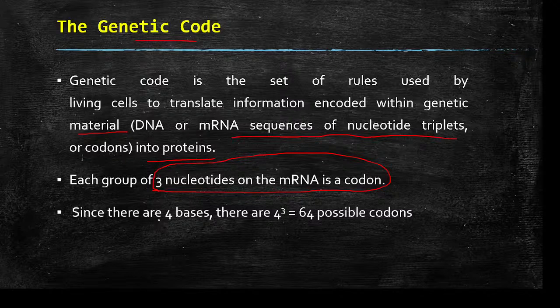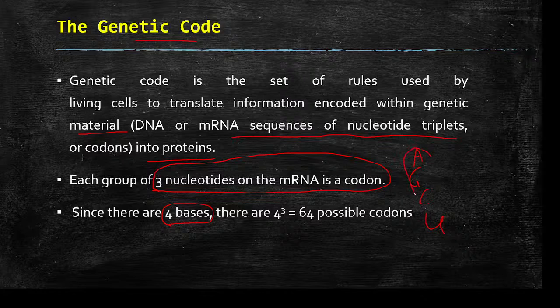There are 4 bases in mRNA, that is adenine, guanine, cytosine and uracil, A, G, C, U. Each codon is a combination of 3 nucleotides.